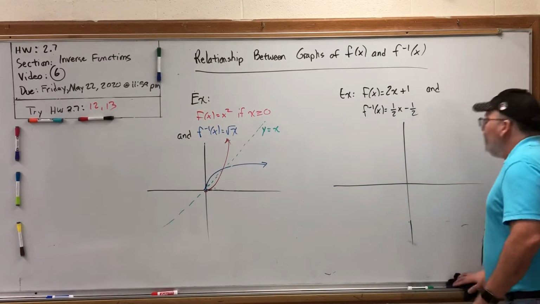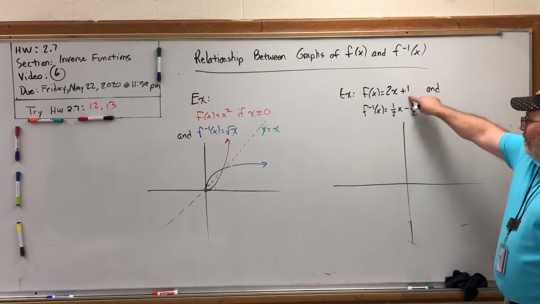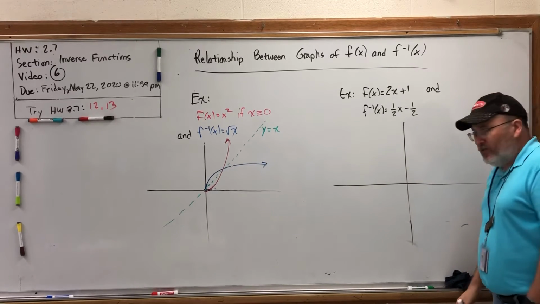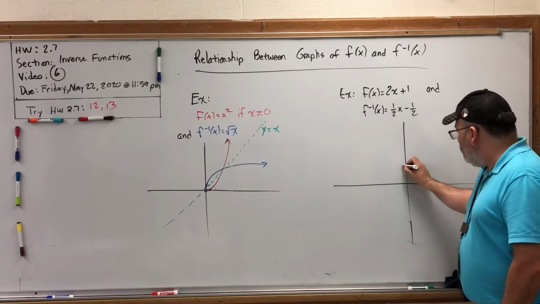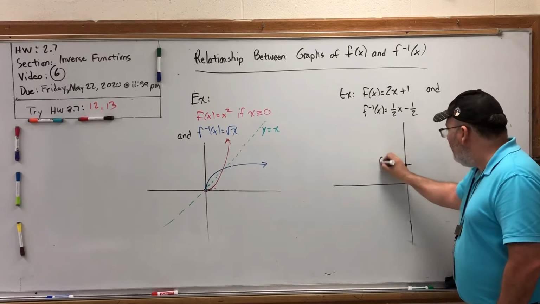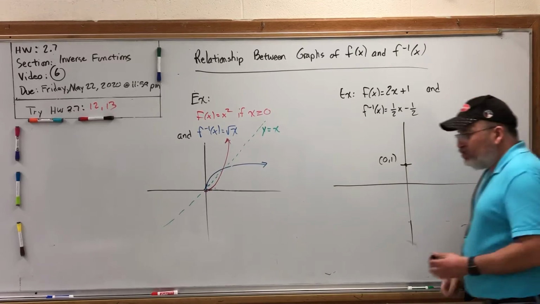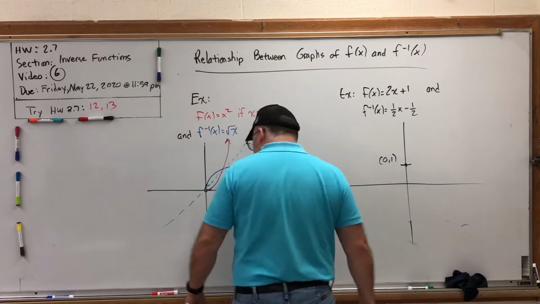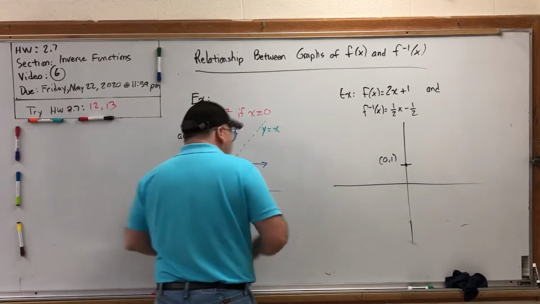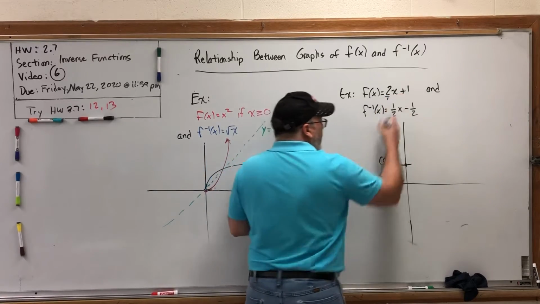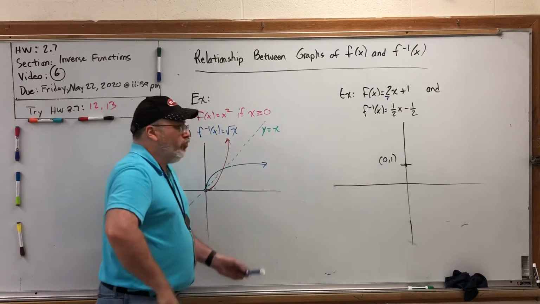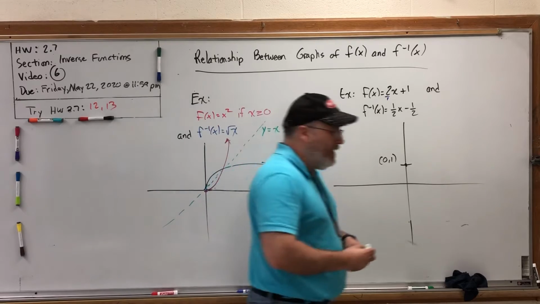Speaking of slope-intercept form, let's use the slope-intercept form of f of x to sketch the graph real quick. The y-intercept is 1, so we can put a point here at 0, 1. And because the slope is 2, we can interpret it as 2 over 1. By interpreting it as 2 over 1, that means I can rise 2 and run 1.